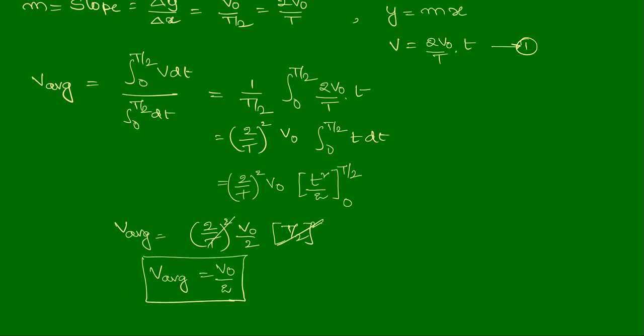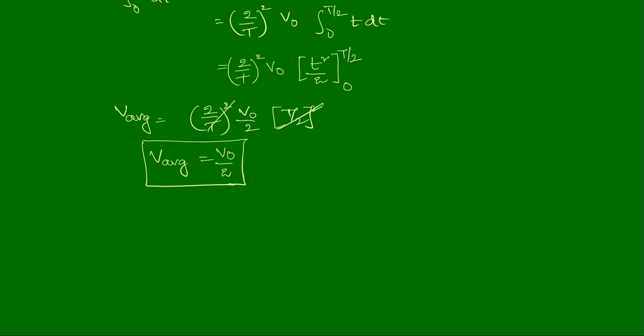Similarly, if they ask for VRMS value, we have to take the square of this, 2 V naught by T into t, whole square. So VRMS square will be equal to integration of 0 to T by 2 V square dt by integration of 0 to T by 2 dt, or it will be 2 by T, V square, as it is 2 V naught by T whole square.